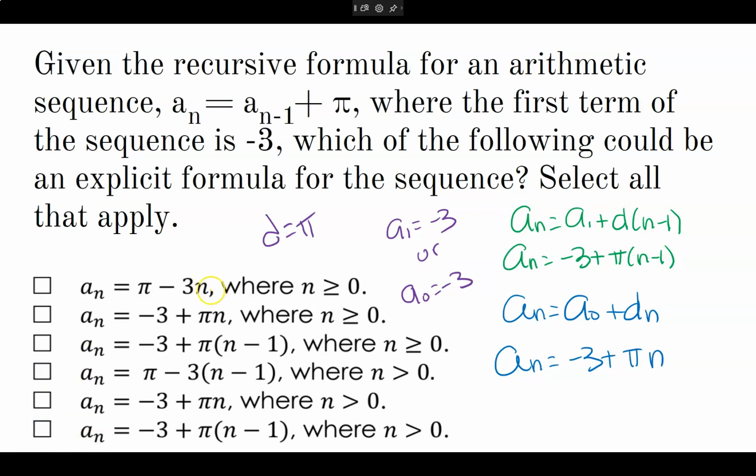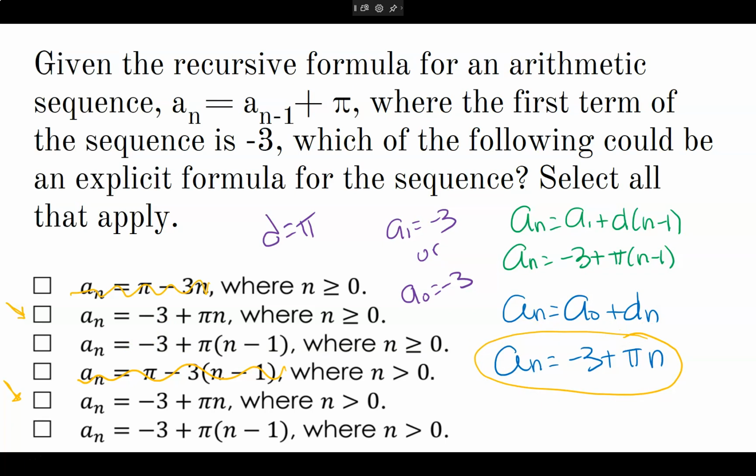Do you see those as options anywhere? Is it my first one? Nope. Second one? Yes. Third one? Possible. Fourth one? Nope. Fifth one? Possible. Last one? Possible. Okay, so this guy and this guy, the difference is what n is allowed to be. That was the explicit formula right here when we used what for my first term?